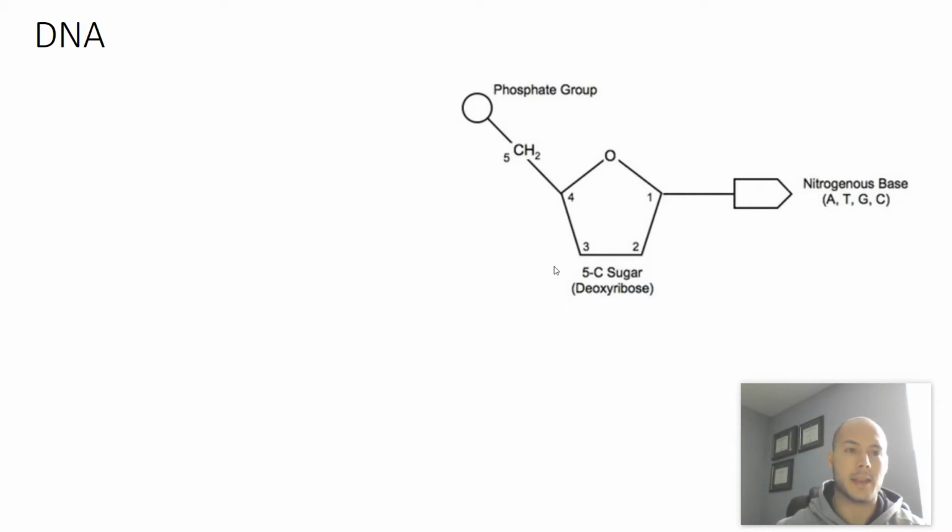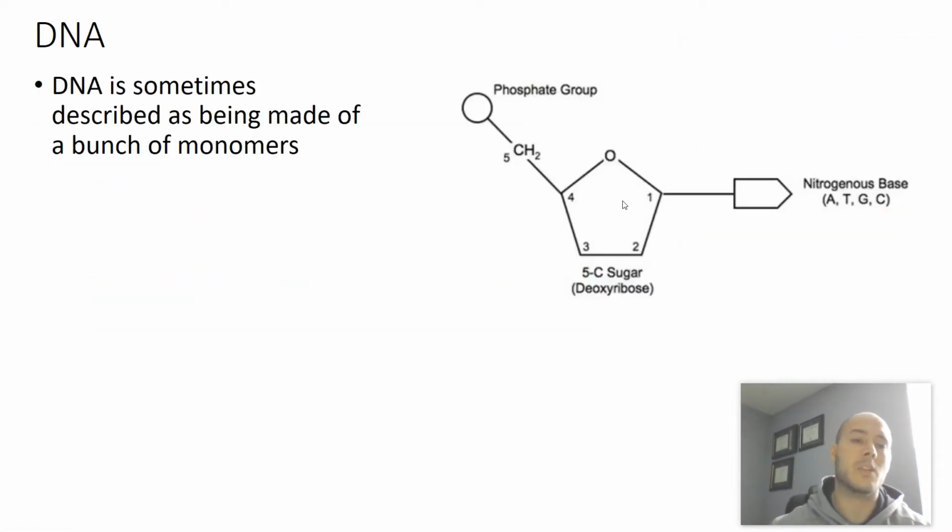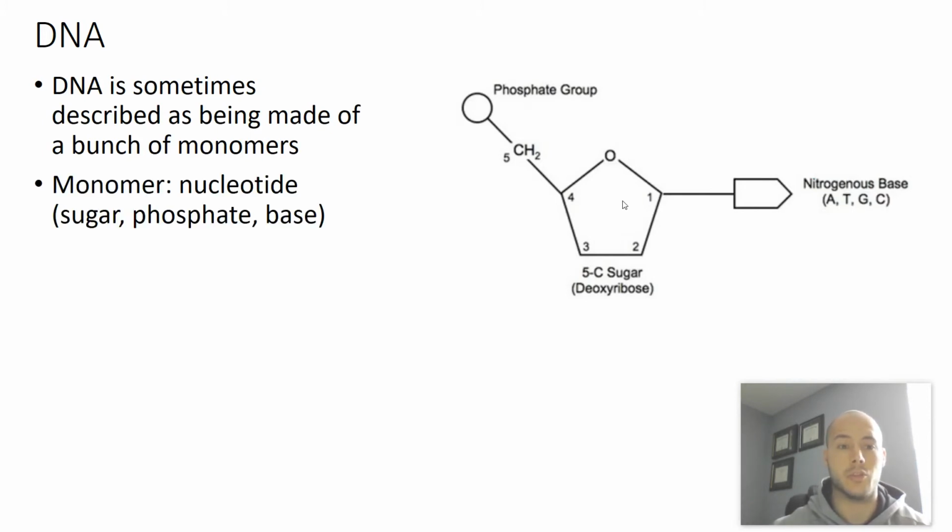And now our nucleic acids, DNA and RNA. The building blocks for those are going to be our nucleotides. A nucleotide is made up of three parts: a phosphate group, a sugar, and our nitrogenous base. And then all these nucleotides make up the DNA molecule. So DNA is just a bunch of monomers, a bunch of these nucleotides, each with the sugar, the phosphate, and the base.